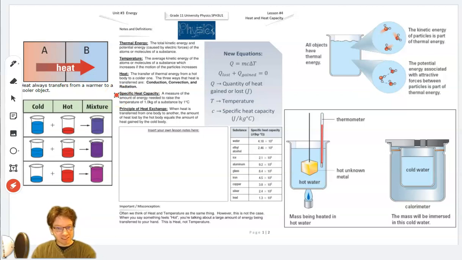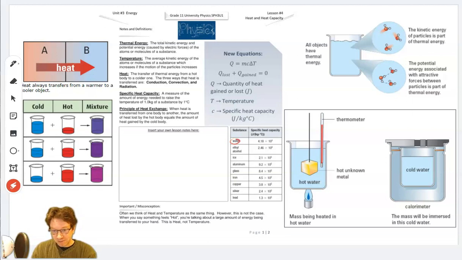Heat capacity means how much energy can be transferred to 1 kilogram of the substance to change it by 1 degree Celsius. And specific because this is a characteristic physical property, meaning it'll depend on what the substance is. Every substance has a different specific heat capacity. So you could actually use that to identify the substance. Right?